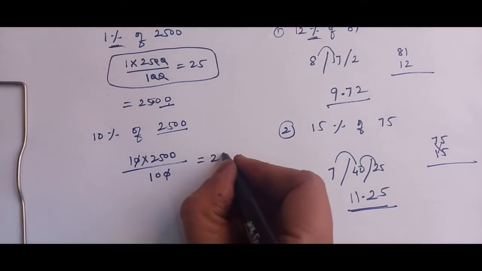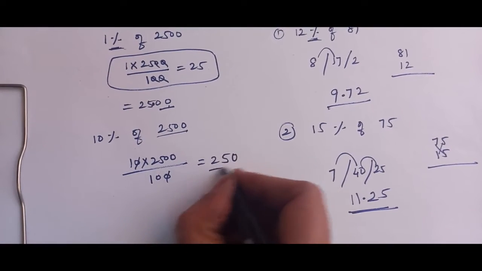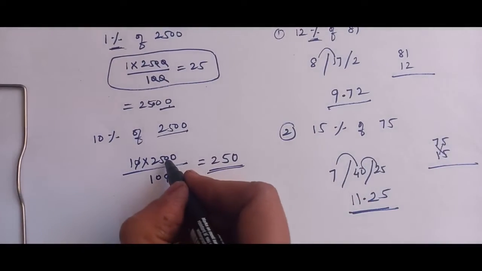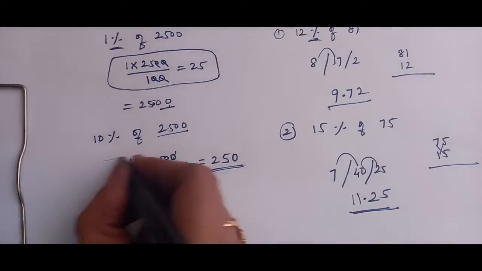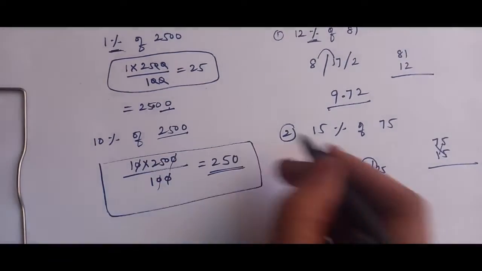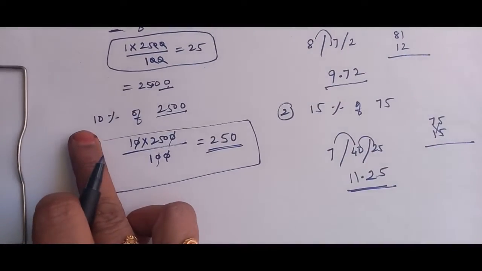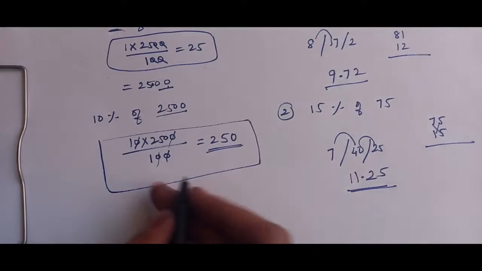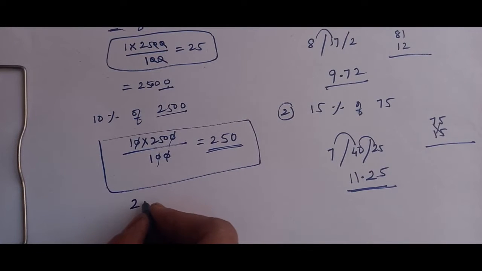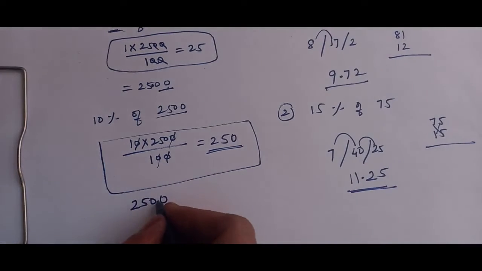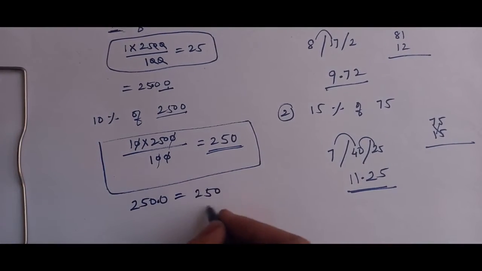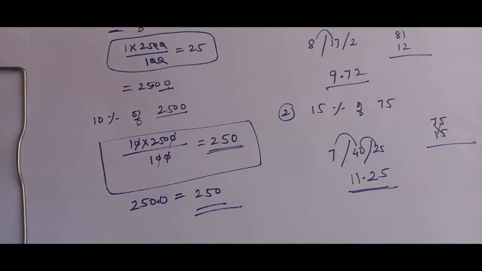You will get 250, right? After one digit I am keeping it here. 00 cancel. That means no need to do all this calculation. Whenever anyone is asking 10% of 2500, simply you can keep the decimal after one digit. That means 250. These two concepts we need to be thorough with. Then it is very easy to calculate 1 to 100 percentages.